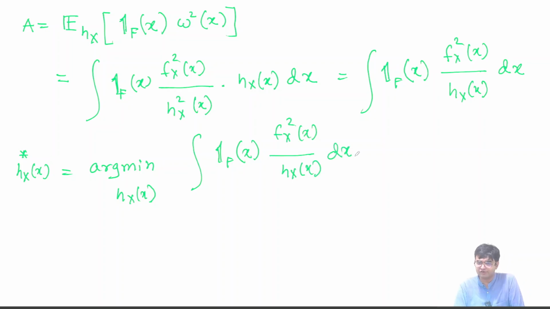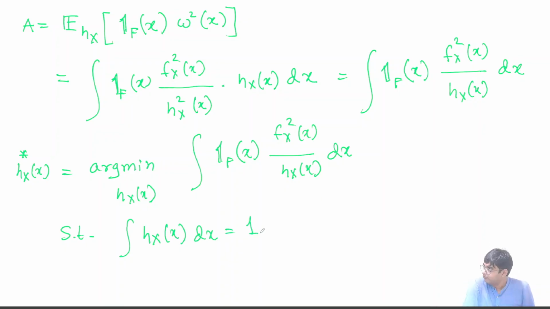This is what you are now trying to minimize, subject to the integration of hx x dx being equal to 1. Okay. What do you think I will do next?